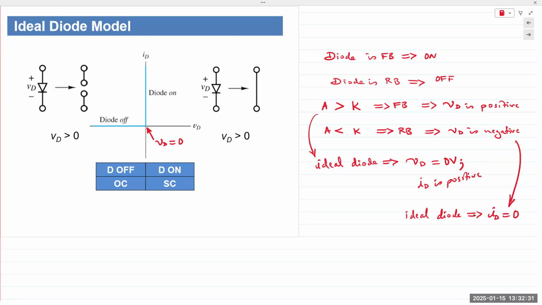So again, the diode is replaced with an open circuit, that's your diode with VD negative, or replaced with a short circuit, where current is flowing through. And that's the ideal diode model. It doesn't require any extra voltage for it to be forward biased. Replace with a short circuit or replace with an open circuit.